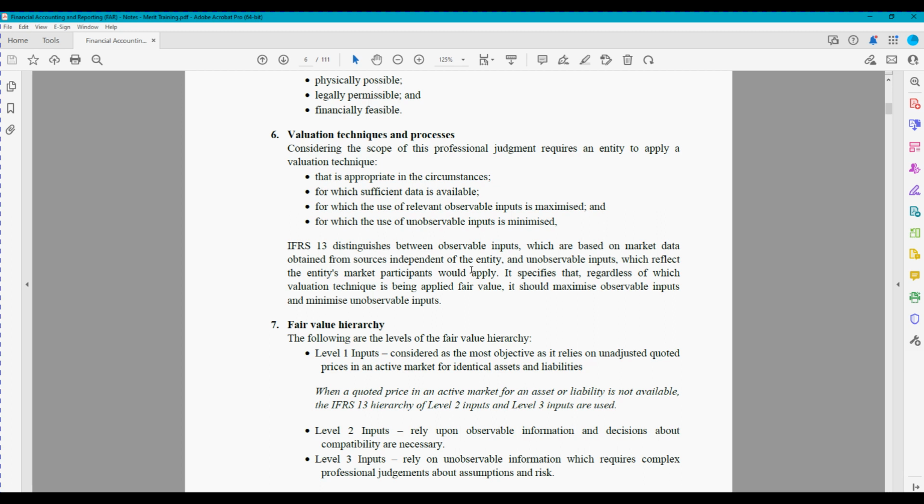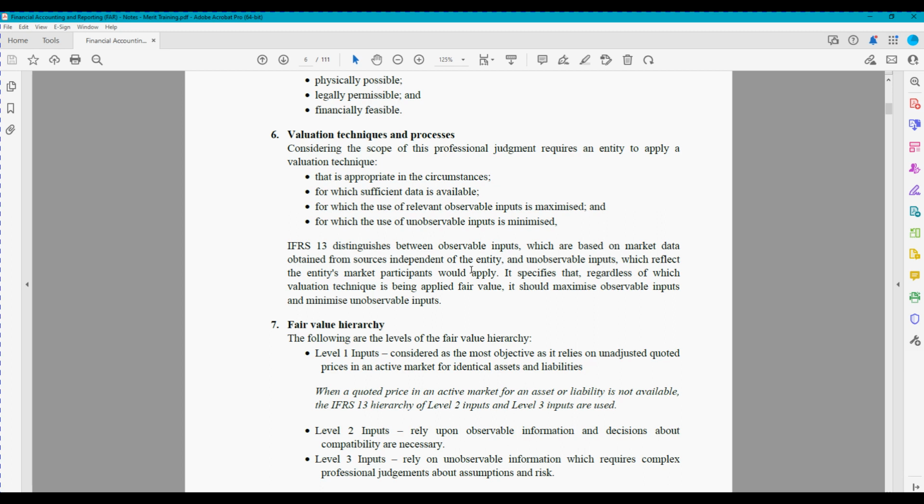It could be looking at the value of the assets and comparing all of those. And the highest one might be the application of a multiple. But you do need to consider which is appropriate. Is there sufficient data? Are there observable inputs? Are there any unobservable inputs that need to be minimized, and so forth?